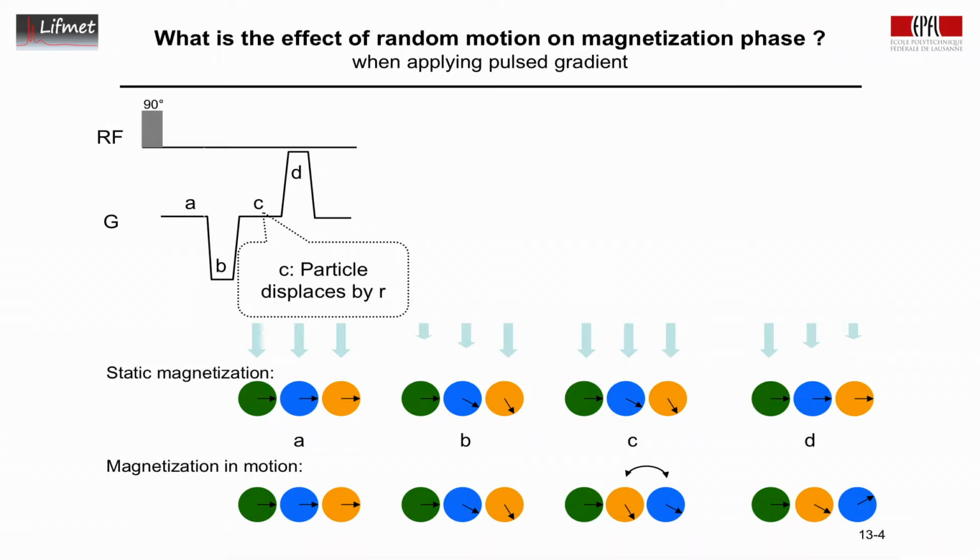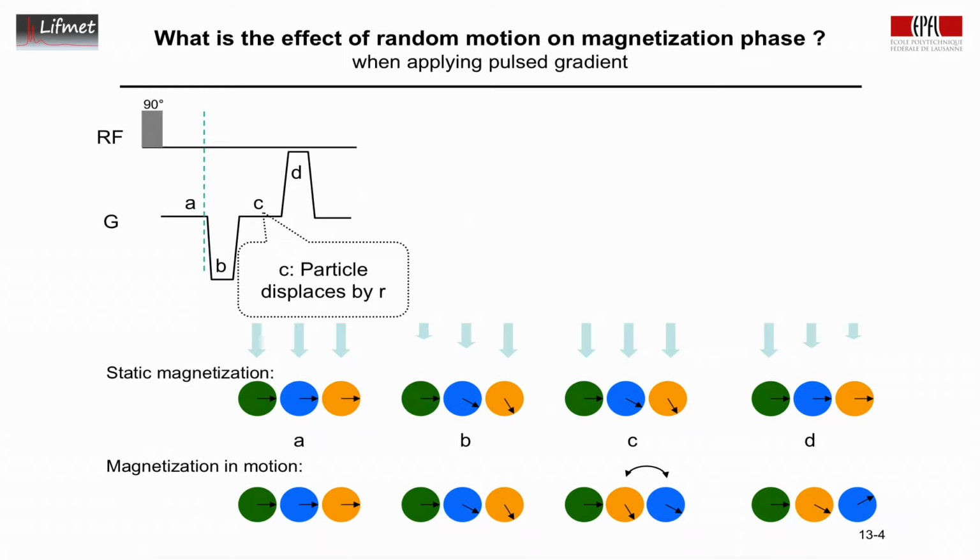As a consequence, the effect of diffusion, which happens here during time period C, is to reduce the signal amplitude. We have assumed in this whole procedure that the time C is long compared to the gradients. This is not like it's drawn here. We'll assume this is very short, and this is relatively long. So we'll only consider motion during the time period C.